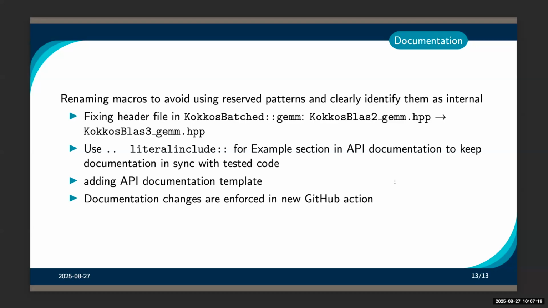So if you want to contribute documentation, there is a template now that allows you to follow the pattern that we've been using for all our APIs. And documentation changes are now enforced in a new GitHub action.